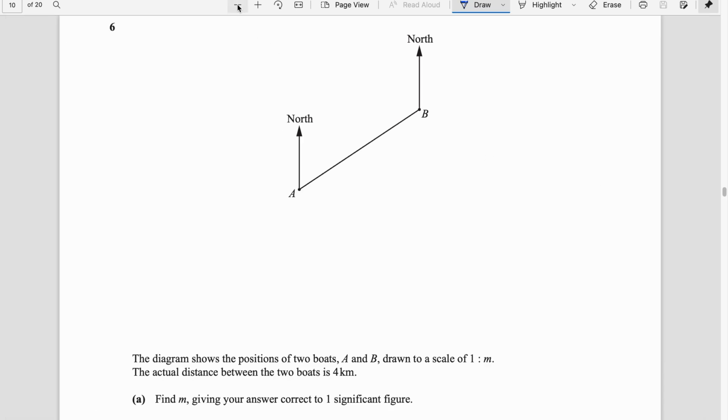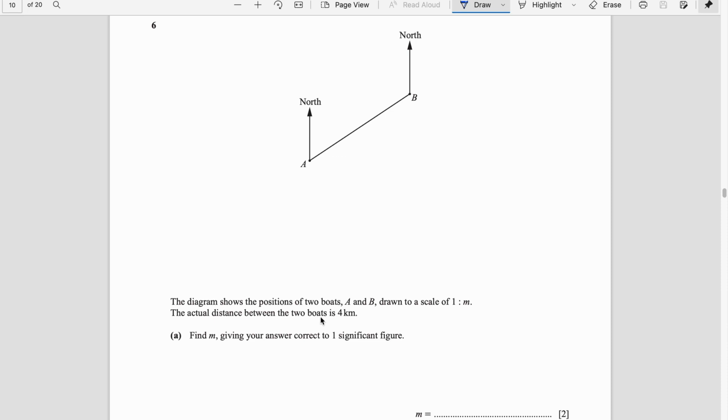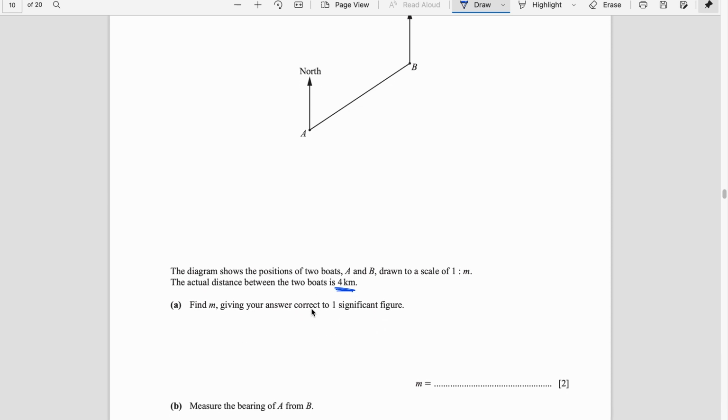Question number 6. The diagram shows the position of two boats A and B drawn to a scale of 1:m. The actual distance between the two boats is 4 kilometers. Find m, giving your answer correct to one significant figure. So 4 kilometers is already given. You have to measure this length, which is 5 centimeters.